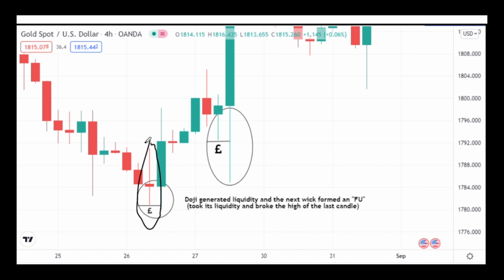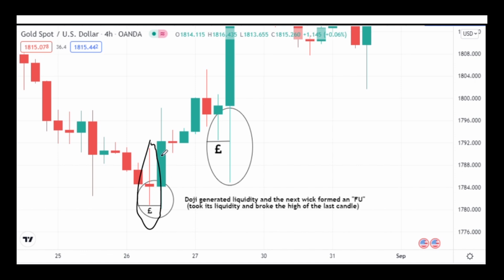Now, why does it generate liquidity? Obviously, this is an indecision candle, right? The market doesn't really know where it will make its next move, or that is what we all know from when we started learning forex.